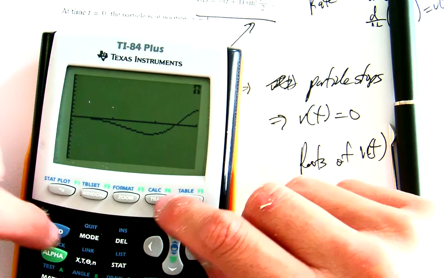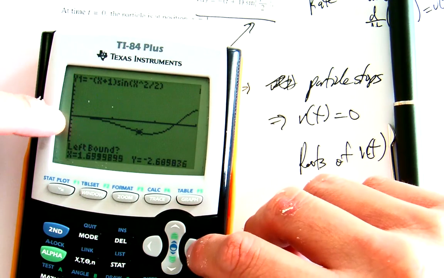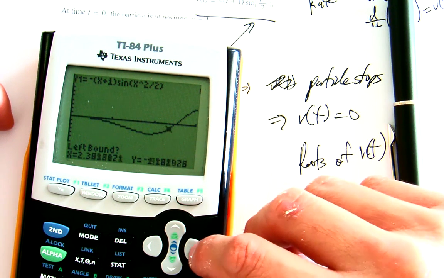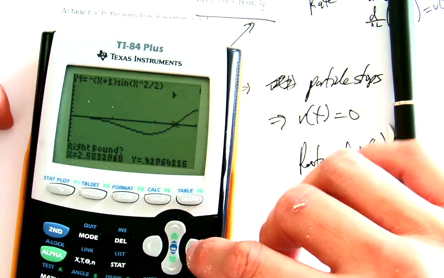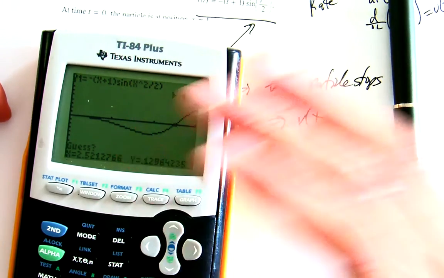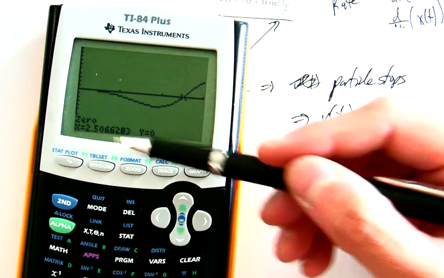So let's go to second trace again. We're going to go to 0, and we want to go left bound. So let's go kind of close to the 0 on the left, and hit enter, and let's go to the right, enter, and then let's go back to the center, hit enter again, and here we have the 0.